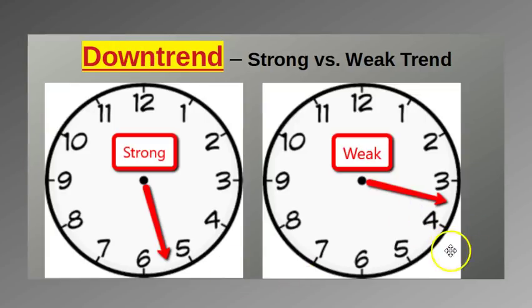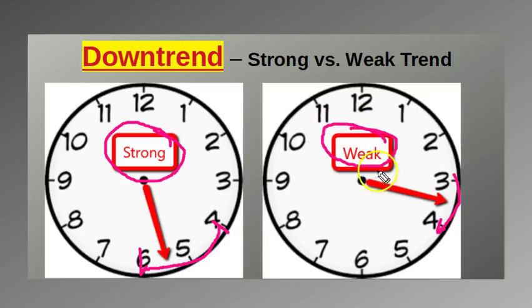Similarly, if the minute hand on the clock is between the 4 and 6, right over here, and can be anywhere between the 4 and 6, we are in a strong downtrend. And again, if the minute hand on the clock is between the 3 and 4 position, we are in a weak downtrend. Again, downtrend because we're under 3.